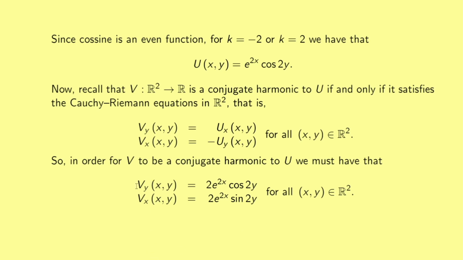We can look at this expression as a differential equation in the variable y, and we can look at this expression as a differential equation in the variable x. And we are going to solve them by integration.